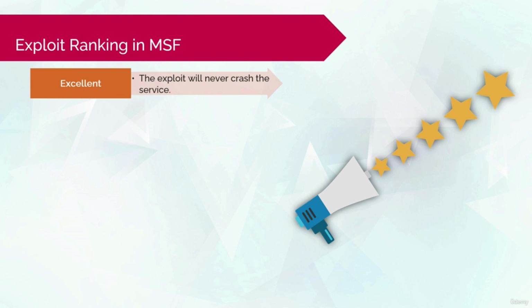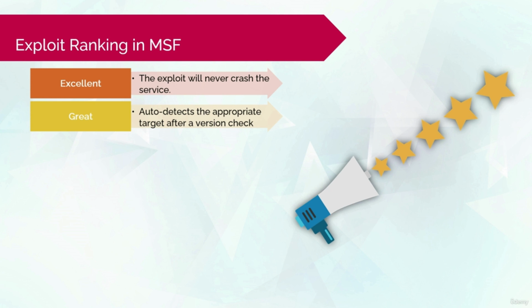This is the case for SQL injection, CMD execution, RFI, LFI, etc. No typical memory corruption exploits should be given this ranking unless there are some extraordinary circumstances. Great. The exploit has a default target and either auto-detects the appropriate target or uses an application-specific return address after a version check.